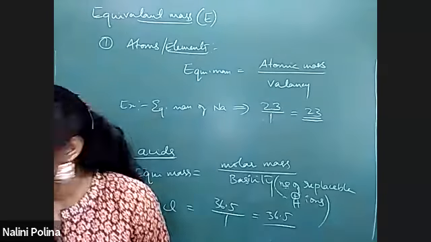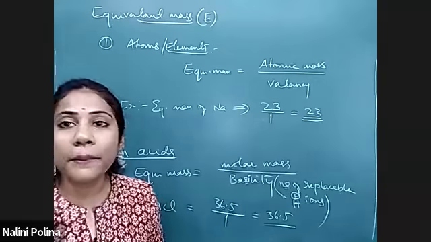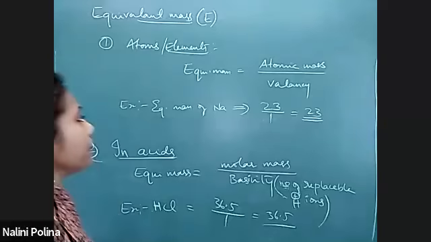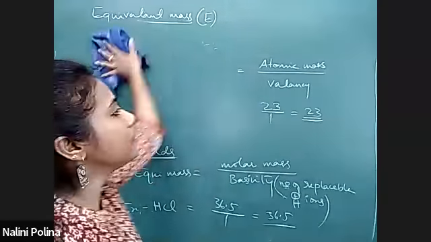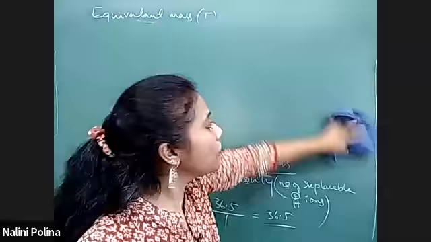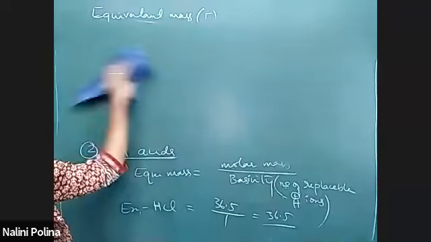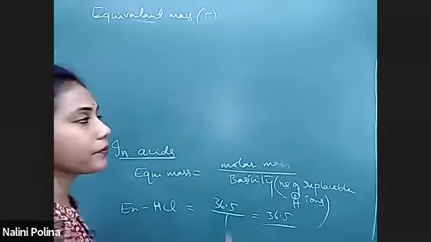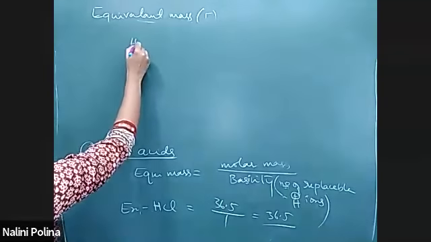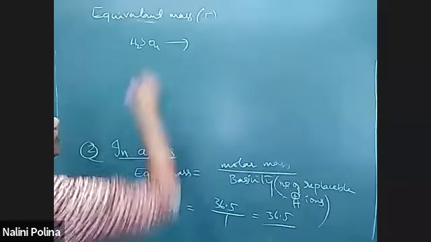Okay, fine. And now can you find the equivalent mass of H2SO4? Can you all find the equivalent mass of H2SO4? How much do you get? How do you find H2SO4's equivalent mass?